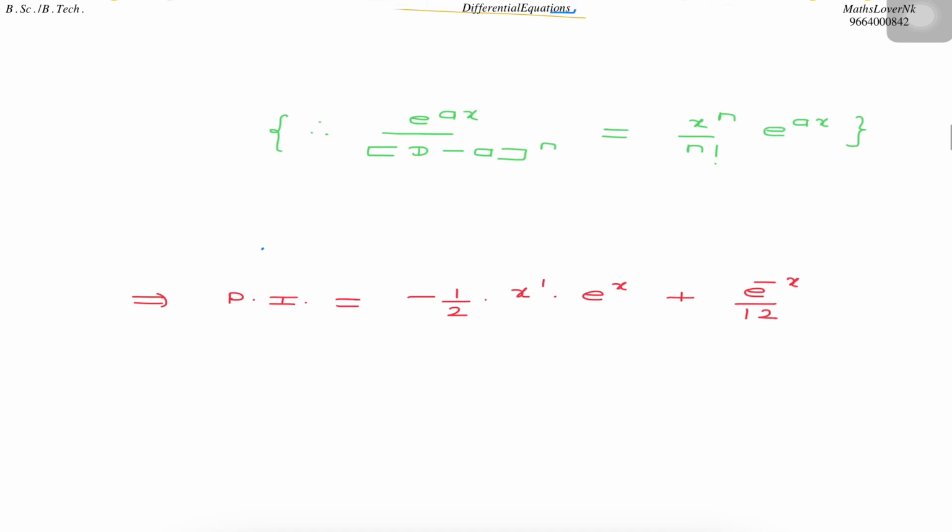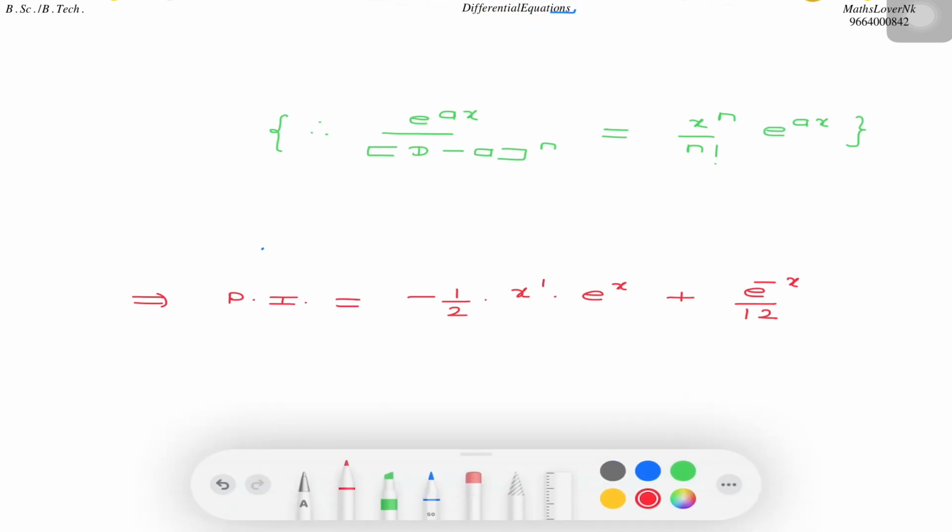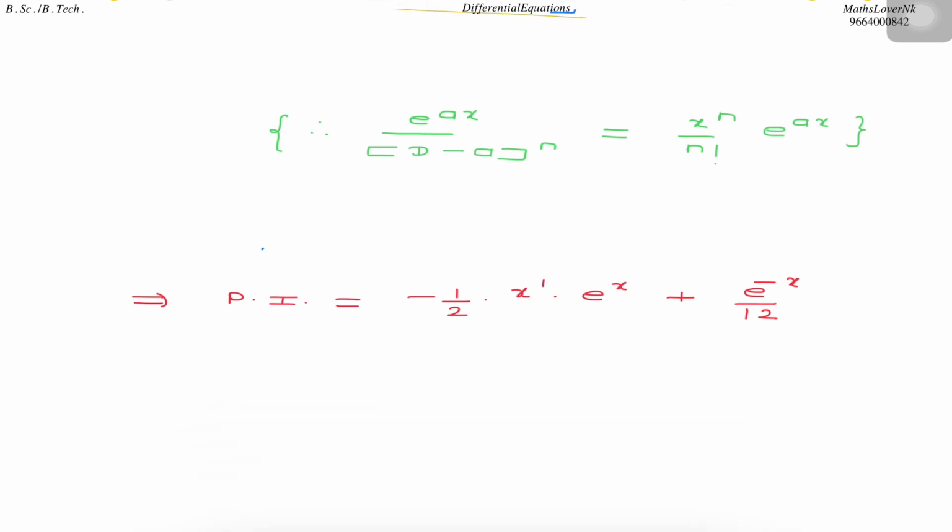Now the complete solution, in short form CS, is also known as the general solution. CS is equal to CF plus PI.